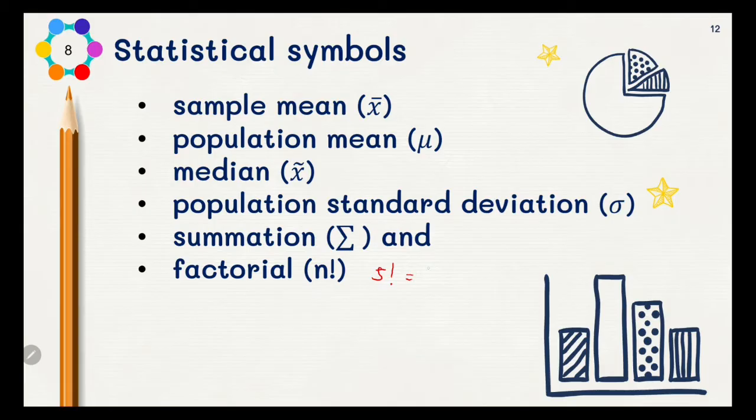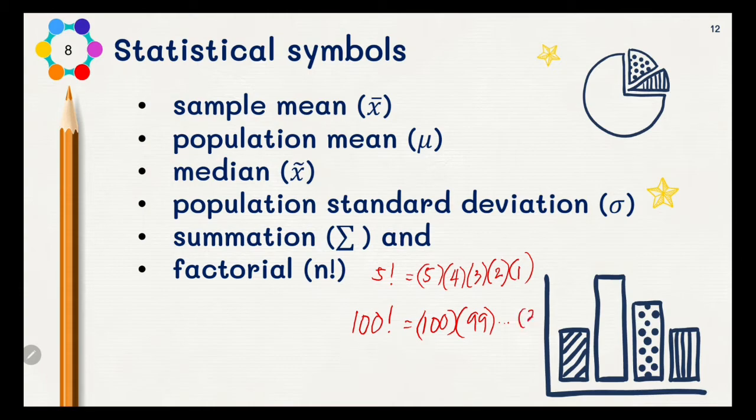If you can still remember, this is 5 times 4 times 3 times 2 times 1. So factorial is the product of all the numbers below it. So if you have 100 factorial, you have 100 times 99, and so on, down to times 2 times 1.